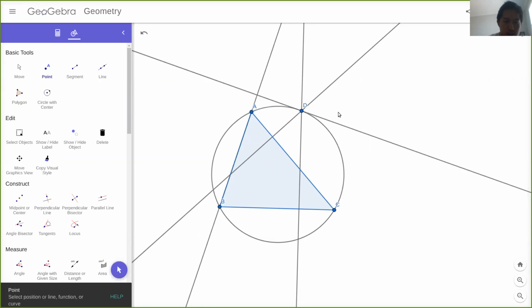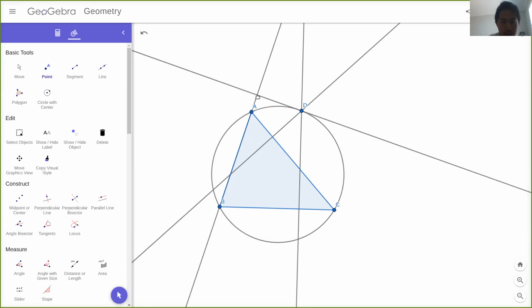Okay, so now we have this altitude here, DE, and then this altitude here, DF, and then DG. What do we notice about E, F, and G? E, F, G are collinear, yes. So how do we show that E, F, G are collinear?